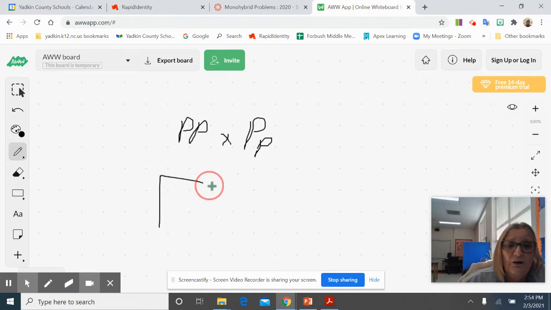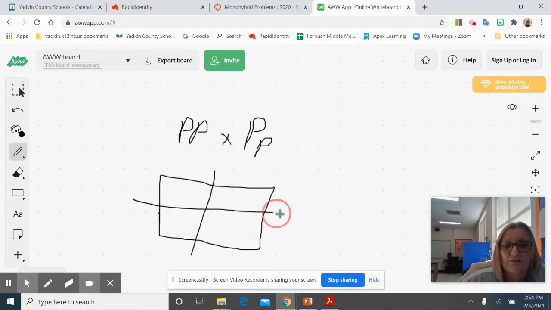So if we draw our Punnett square, I never said I was an artist, come on. Okay, so we got a P here, dominant P. That's for the first one. Dominant P, little p, that is for the second one. So here we've got P times P. They're both dominant.